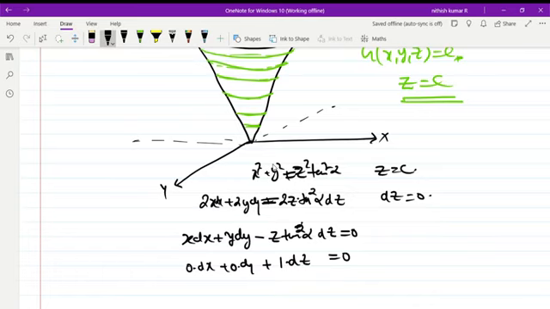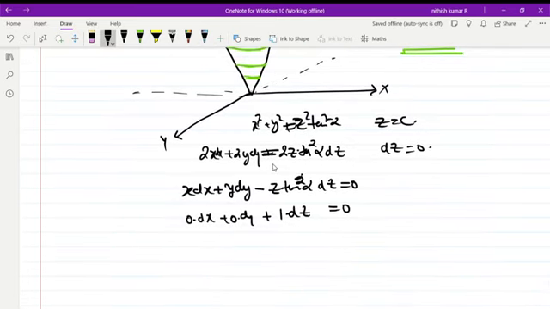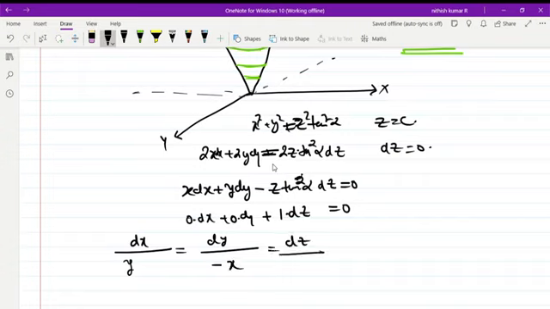Now this, as per the theory, is equivalent to dx divided by, using the rule of cross multiplication, y into 1 minus 0 into anything, so it is y, equal to dy divided by 0 into this, 0 minus 1 into x, so it is minus x, and dz divided by x into 0 minus y into 0, so both are 0, so it is divided by 0.